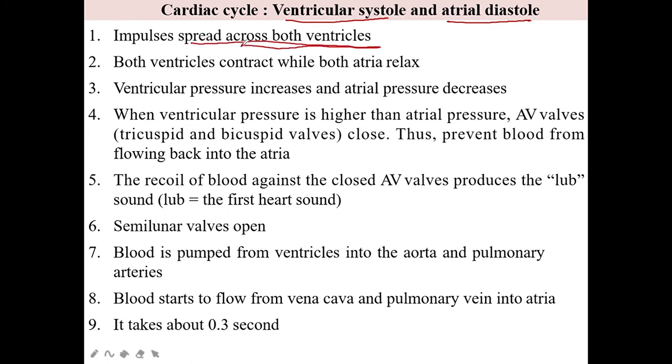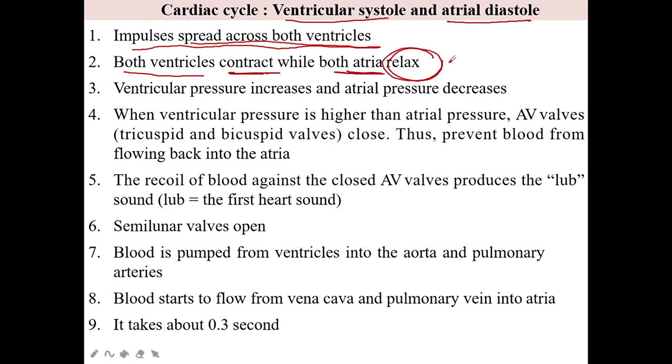Alright, so you learn about this one in initiation of heartbeat. Daripada SA node, dia go to both atria and then they go to AV node. Daripada AV node, dia akan spread across both ventricle. So, bila impulse spread across both ventricles, ventricles akan contract while both atria akan relax.